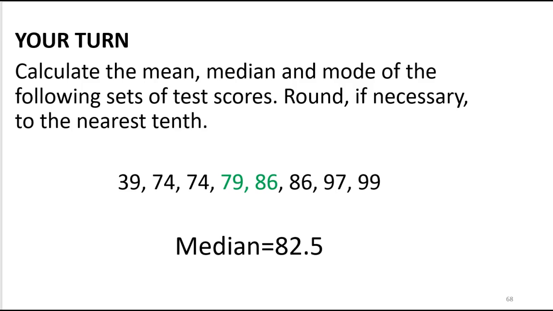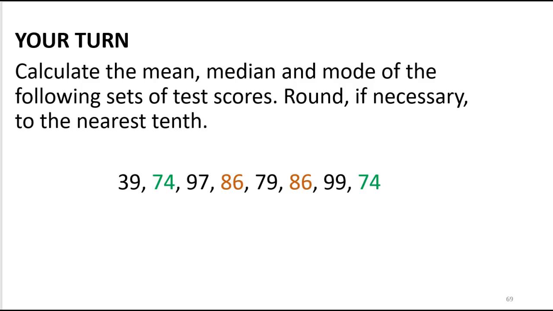Therefore, we take the average of them to find that the median is 82.5. To find the mode, notice that the numbers 74 and 86 both occur twice and are the most commonly occurring numbers. So the mode in this case is both 74 and 86.